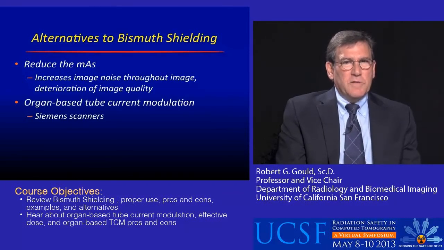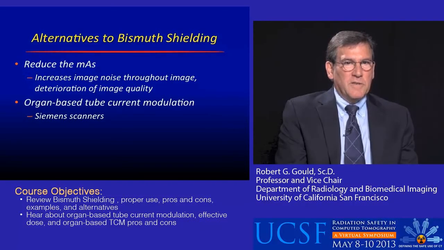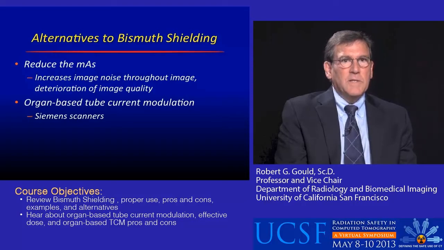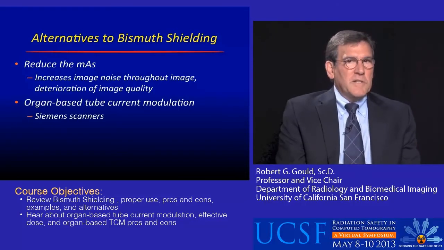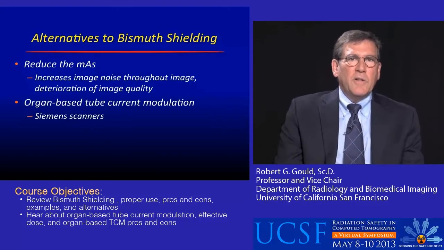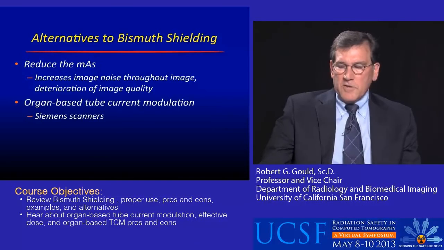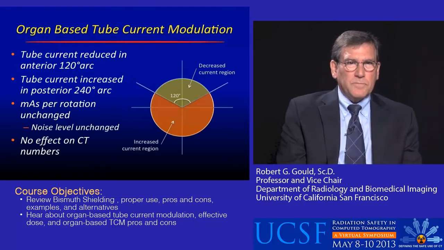So you decrease the output of the tube in that 120 degrees, but you increase the output of the tube in the lower 240 degrees of arc, so that the mAs per rotation is unchanged. That means the noise level within the image is not going to be decreased. So this has no effect on CT numbers. So on paper, this would be an ideal method of reducing breast dose or even thyroid dose.